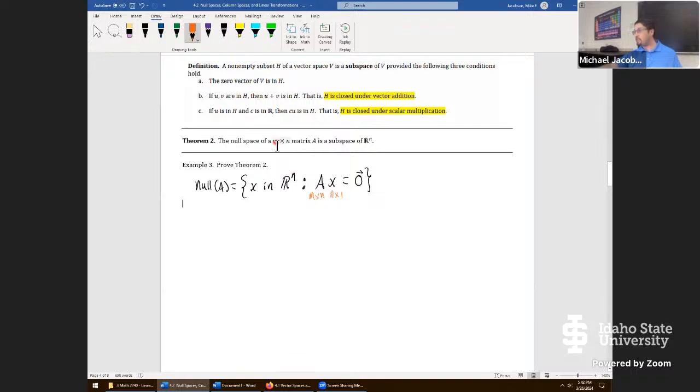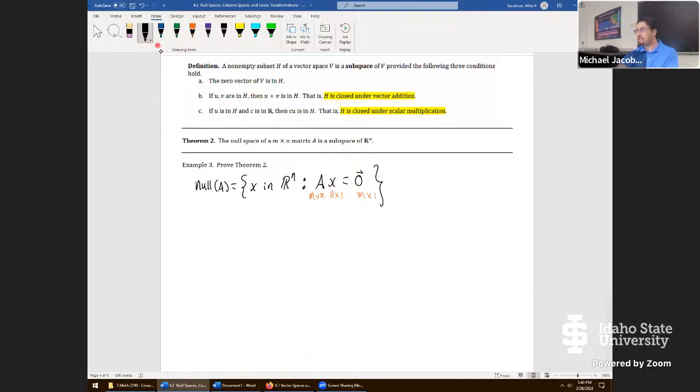It's a zero vector in Rm instead. We can tell right here from the multiplication, the result of A times x will be of size m by 1. So that's the statement so far. Let me just extend that bracket a bit. And that's what we need to work on.